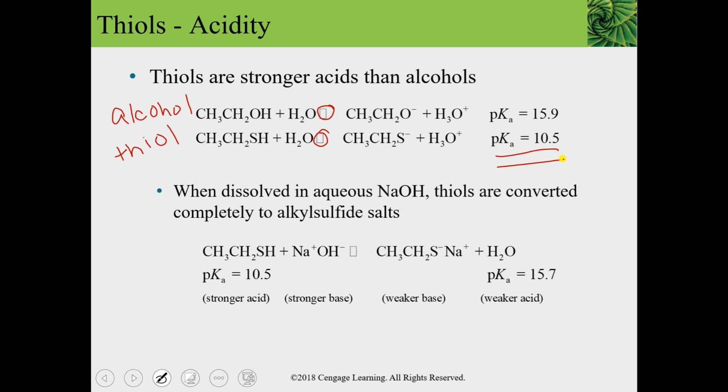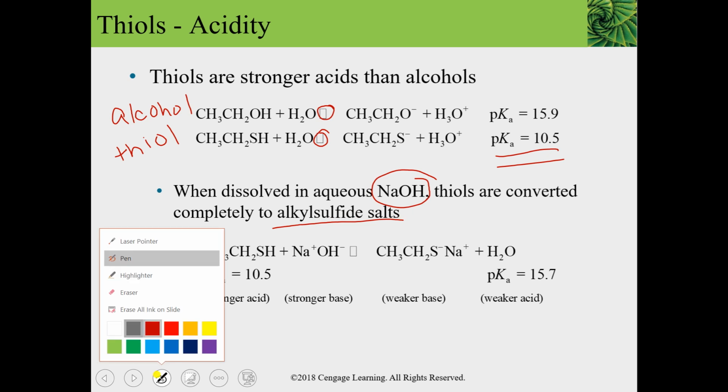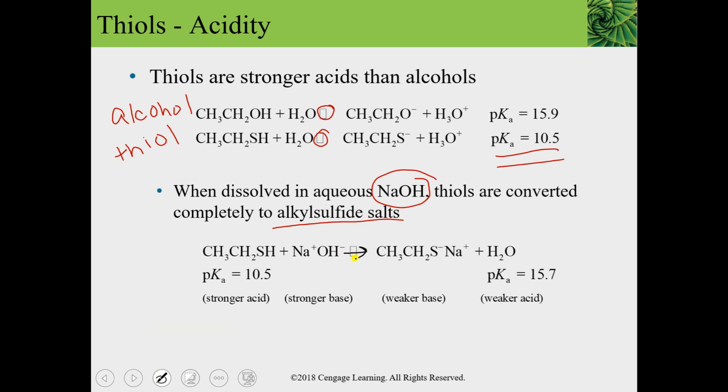So if we were to dissolve a thiol in a very strong base, such as sodium hydroxide, we're going to completely convert the thiol to a sulfide salt. So what does that mean? Well, if we have this thiol here, this hydrogen is going to come off, and this is going to get added.